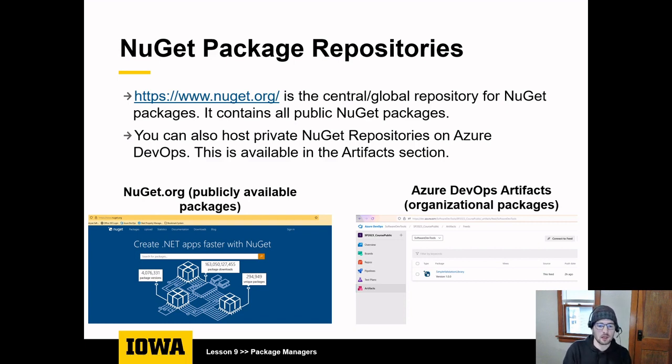We're going to use both of these here. We're going to use an artifact that I've placed in our Azure DevOps organization, and then we're also going to use a publicly available NuGet package just to illustrate this process.